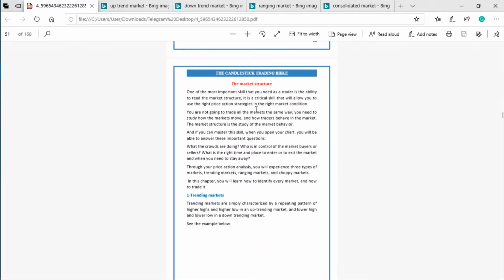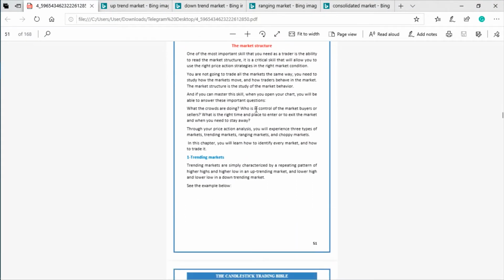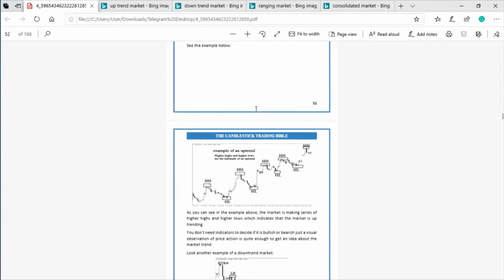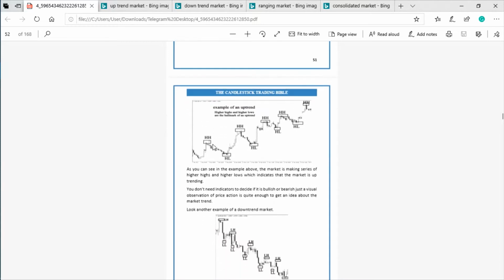This is it. When it comes to the market structure, we have the trending markets. For an uptrend, you need the market to form a higher high, a higher low, higher high, another higher low. When you look at this higher high, it's higher than the previous higher high. Then we have the higher low, which is higher than the previous low.